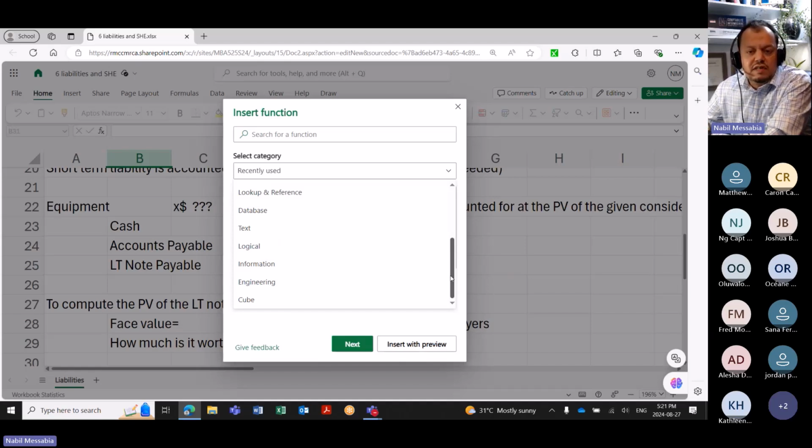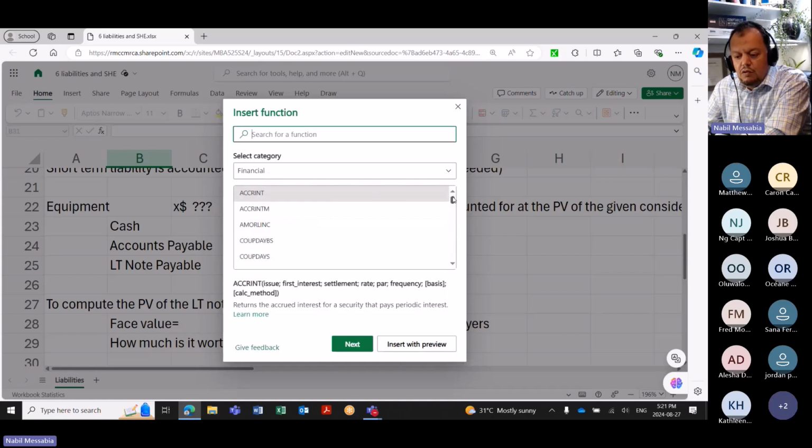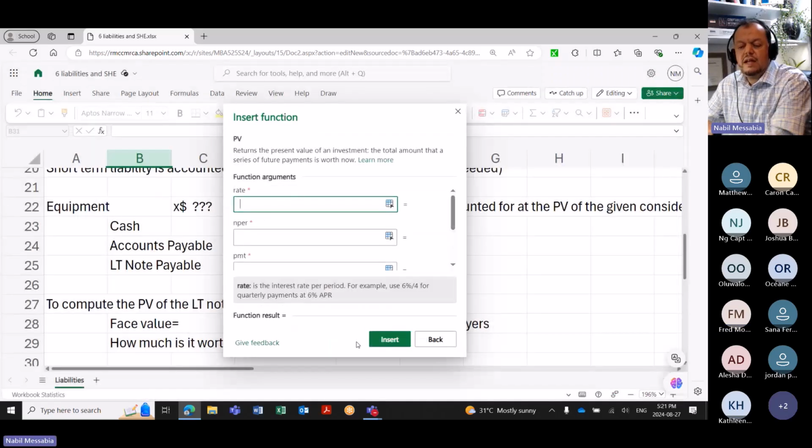For your exam, of course, you have access to your Excel file and to your calculator. So financial, and then I look for PV, present value. Next, a form will show up. All I have to do is fill out that form.